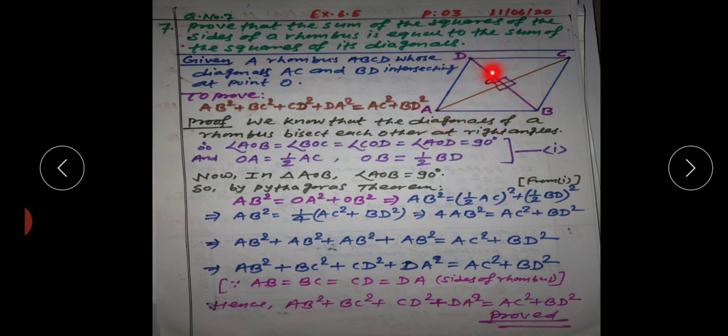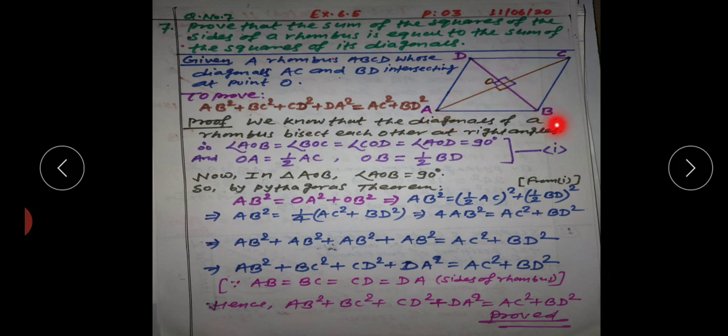And since BD bisects AC, the length of OA will be equal to half of AC, and the length of line segment OB will be equal to half of BD. Okay, and let us consider all these as equation first.